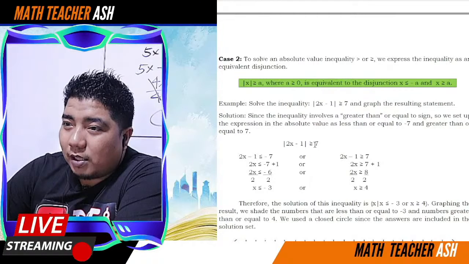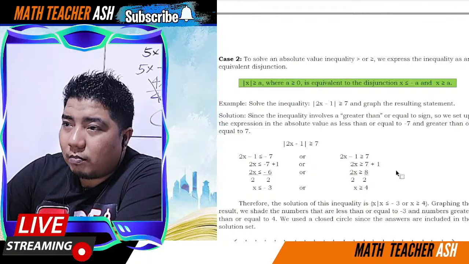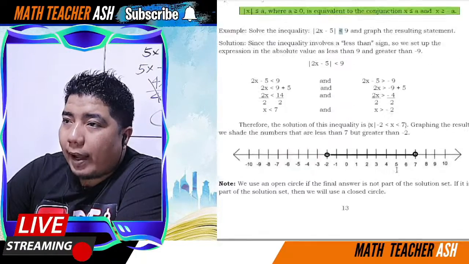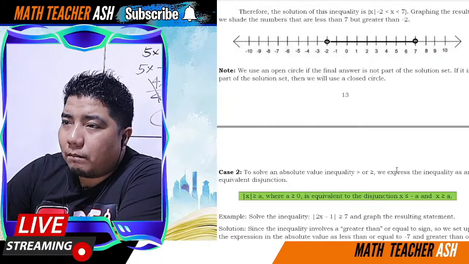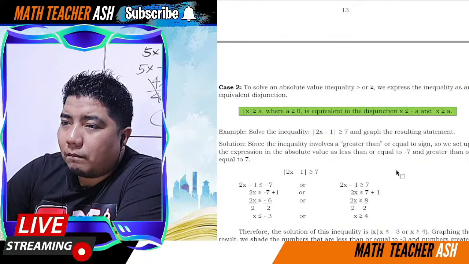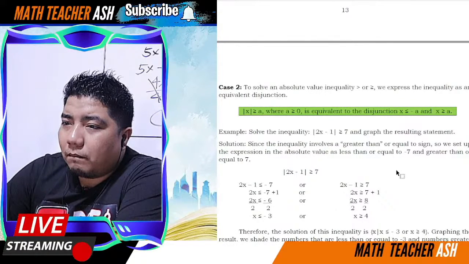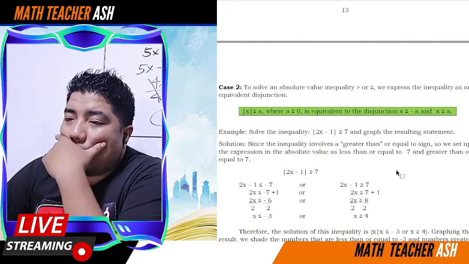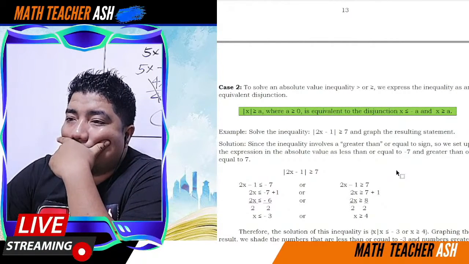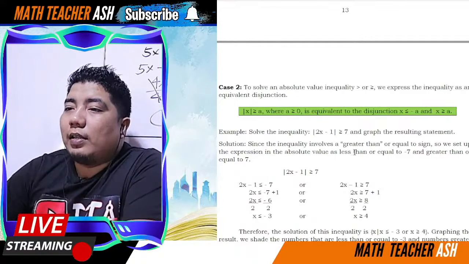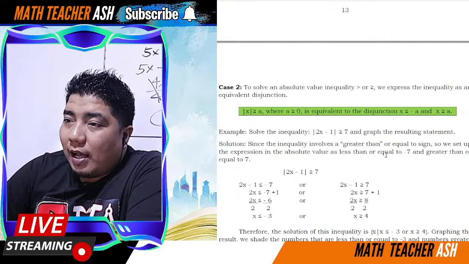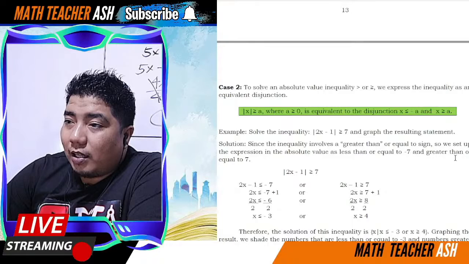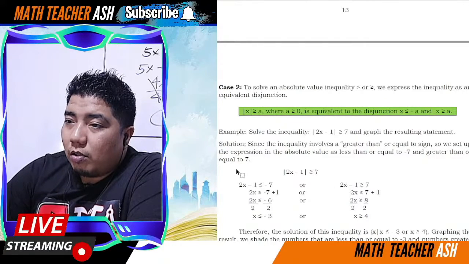So, kinuha si positive 7 and negative 7. I think meron na naman itong kabaliktaran. Since the inequality involves a greater than or equal to, so we set up the expression with absolute value as less than or equal to negative 7 and greater than or equal to 7.